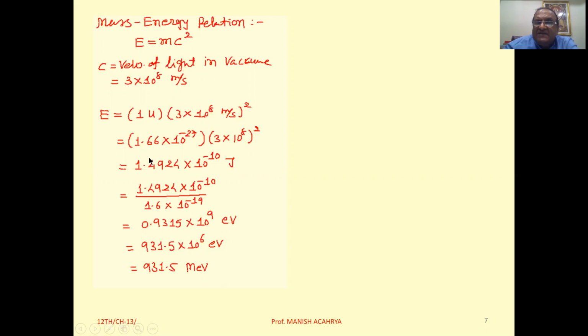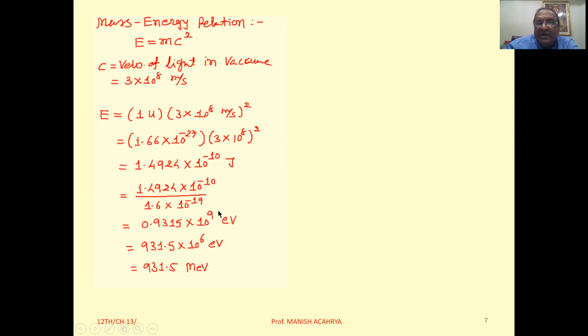But 1u mass is 1.66 into 10 raised to minus 27 into (3 into 10 raised to 8) whole square. So when you solve this one, you will get 1.4924 into 10 raised to minus 10 joule. Divide it by 1.6 into 10 raised to minus 19, you will get 0.9315 into 10 raised to 9 electron volt.